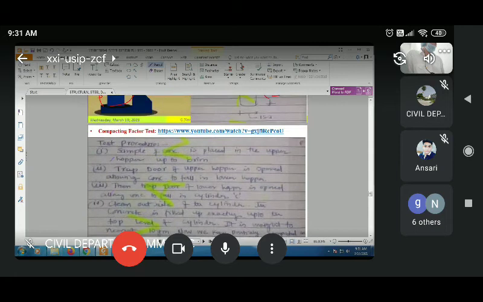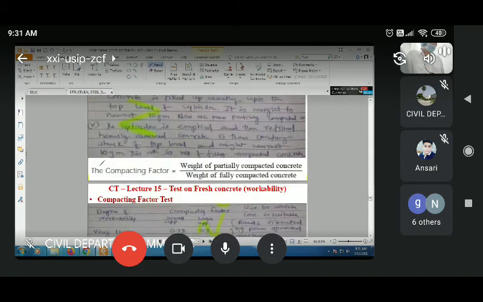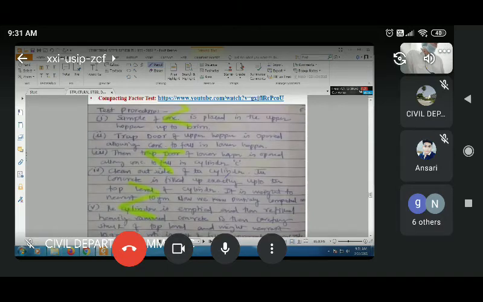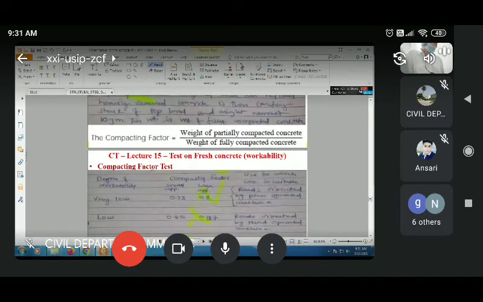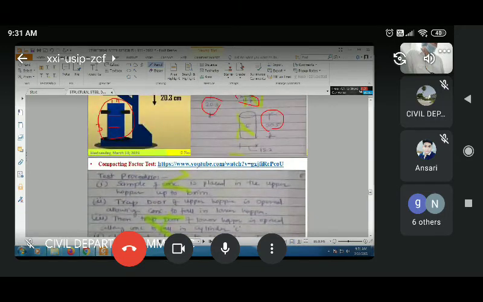What is the compacting factor? The ratio of the weight of partially compacted concrete to the weight of fully compacted concrete gives us the compaction factor. So if there is very low workability, then we go for the compaction factor test.